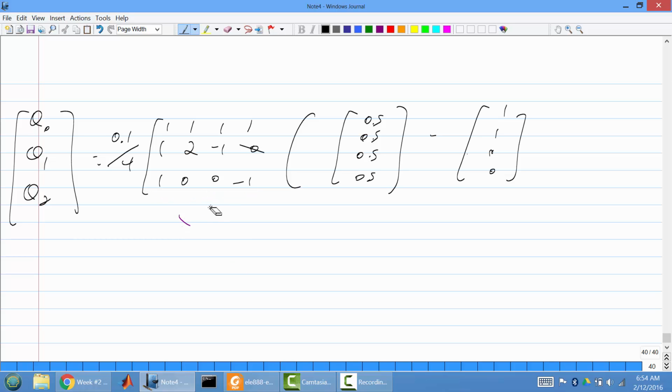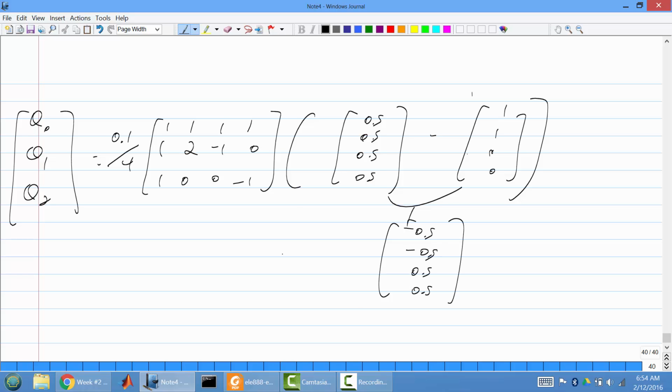When you subtract these together and do this matrix vector multiplication and compute all this, what you get is zero, 0.05, 0.25.